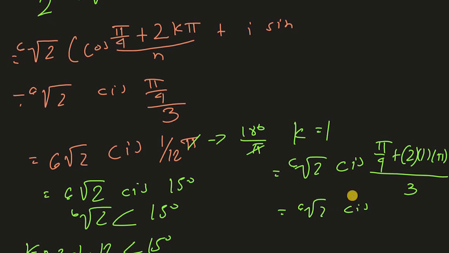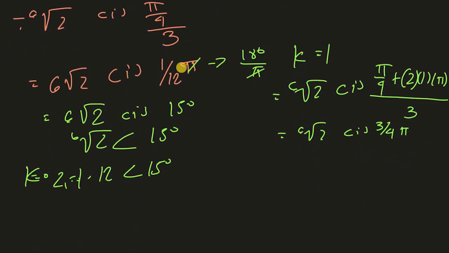So solving for that, 6 square root of 2 CIS. That's pi over 4 using our calculator plus 2 pi over 3. That's equals to 3/4 pi. Gusto ko siyang i-convert into degrees para mas ma-identify natin, kasi that would be 180 over pi.